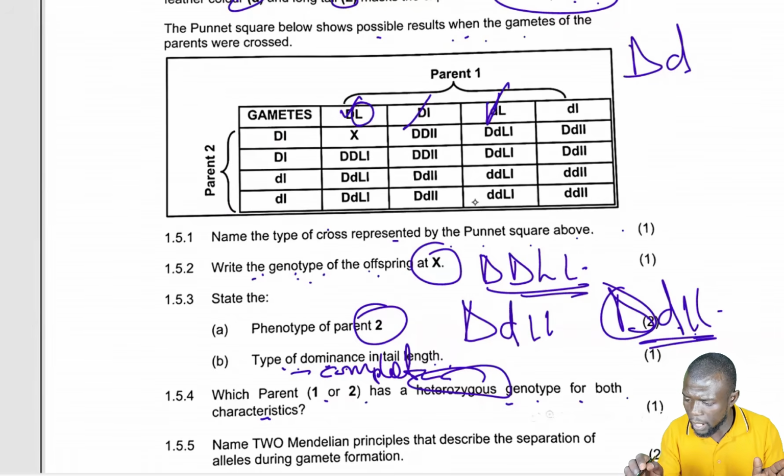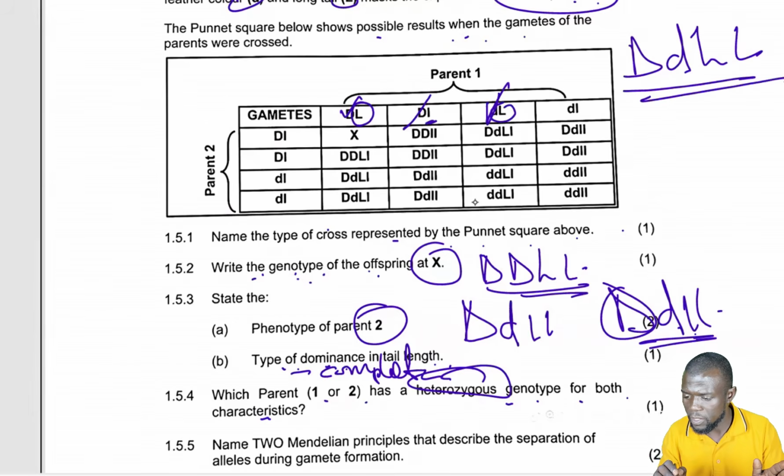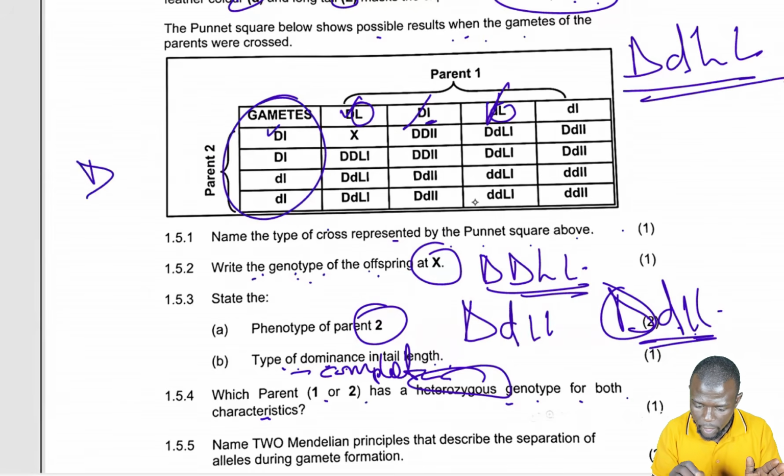So I have capital L, capital L. Do you have another capital L? Yes. But do I have a small l? Yes, so I would go with a small l. So that is heterozygous for both characteristics. But if you look at parent one, you have capital D, small d, and small l. Do I have a capital L? No, so I have to go with a second small l.